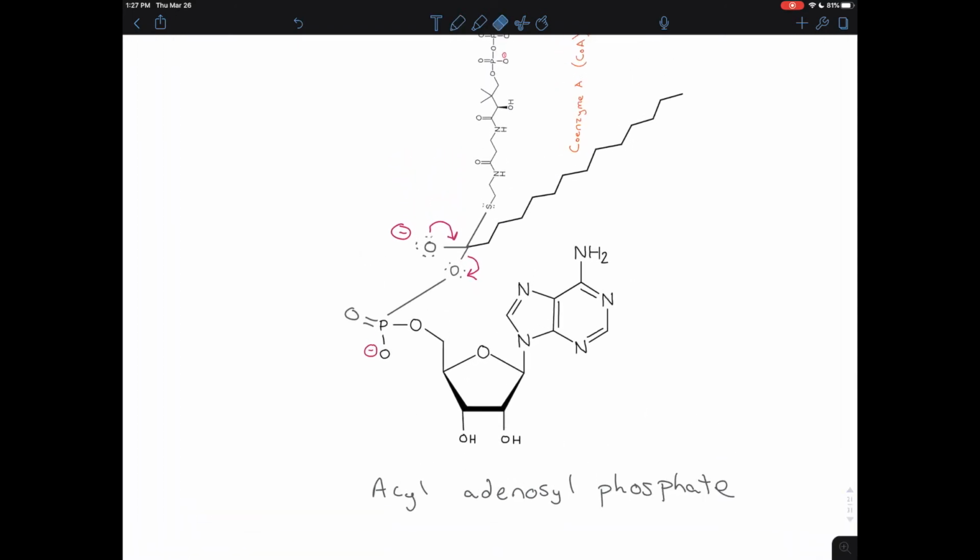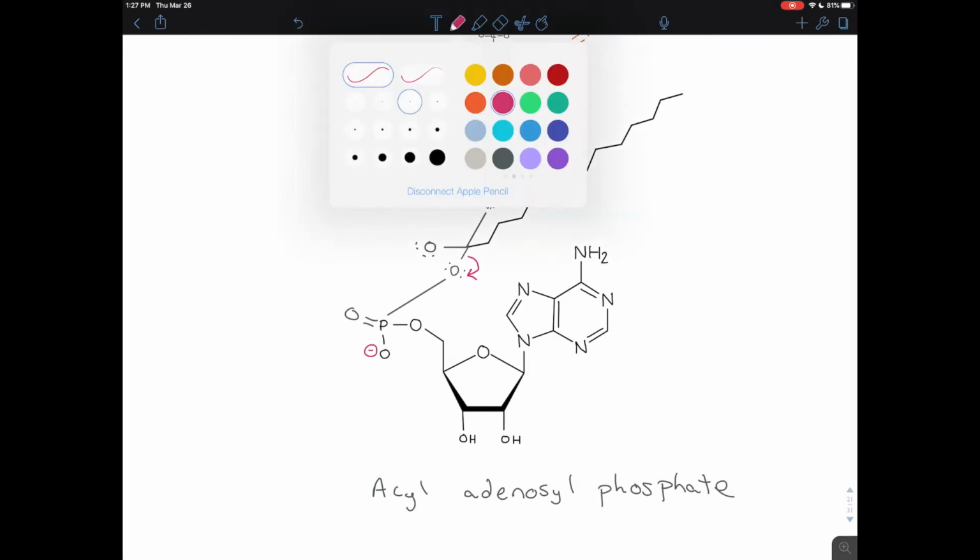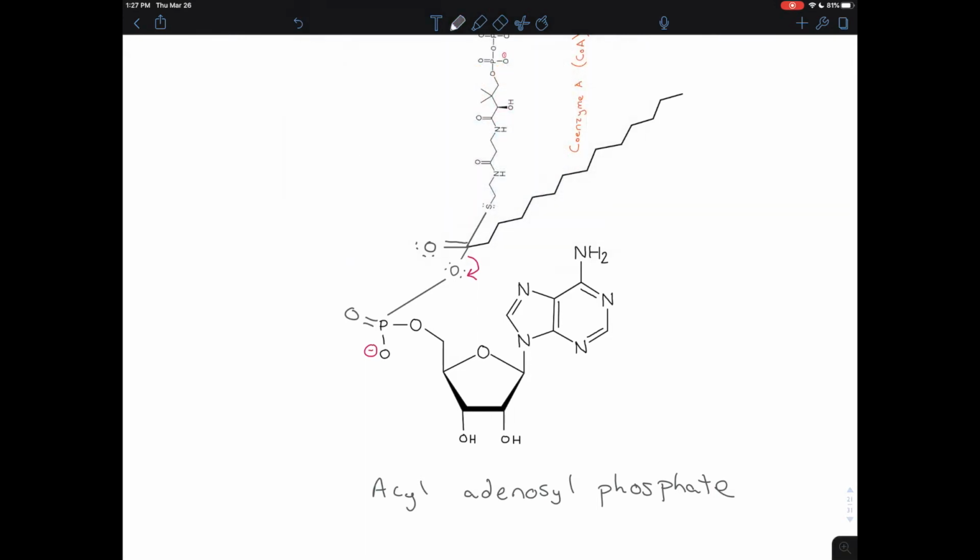So this lone pair will become a pi bond. This bond will become a lone pair. That oxygen will now have a full negative charge on it. And what we're left with there is AMP.